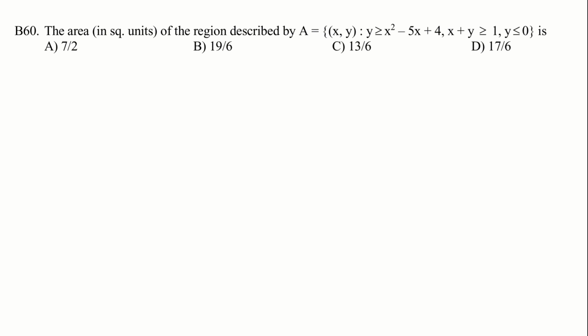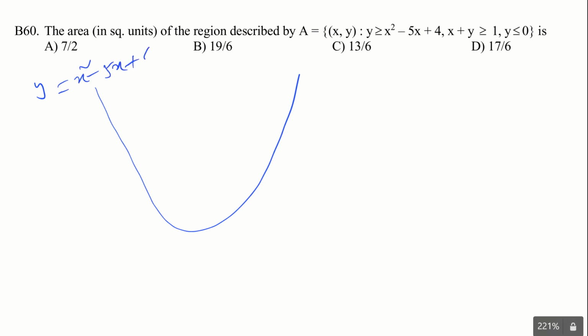So here if I draw the diagram, that parabola y equal to x square minus 5x plus 4, the graph will be like this, open upwards. Let me write the vertex of the parabola, minus b by 2a comma 4ac minus b square by 4a.